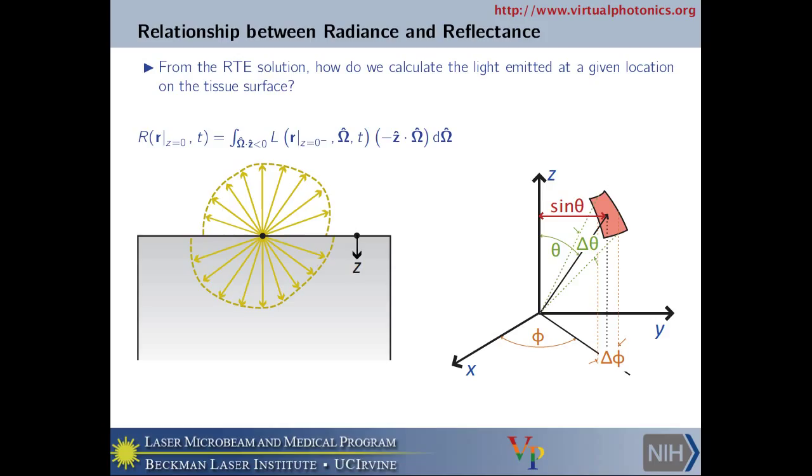And so, of course, even if the amplitude of this arrow was the same as the amplitude of this arrow, light traveling at this more oblique angle is not going to have the same contribution on your planar detector as light traveling normal to that surface. And so this accounts for that.